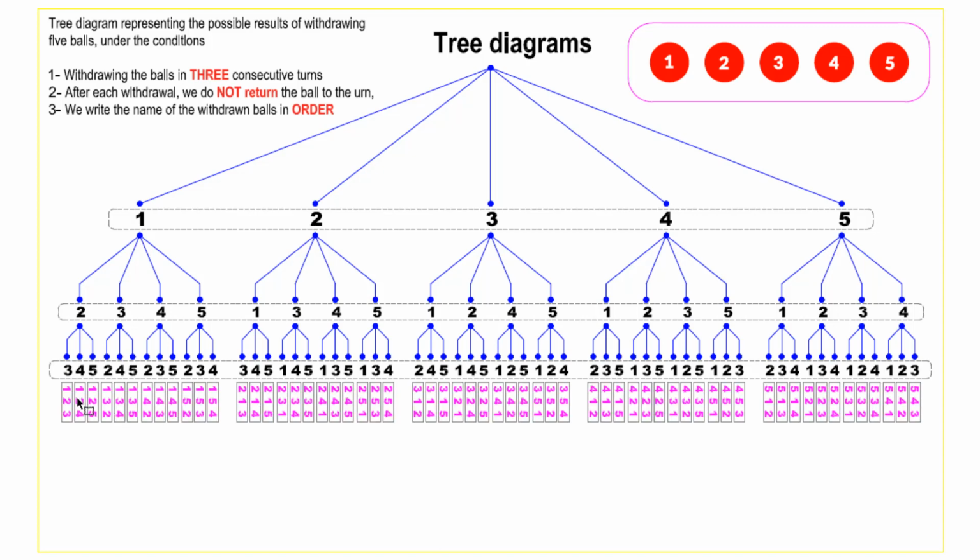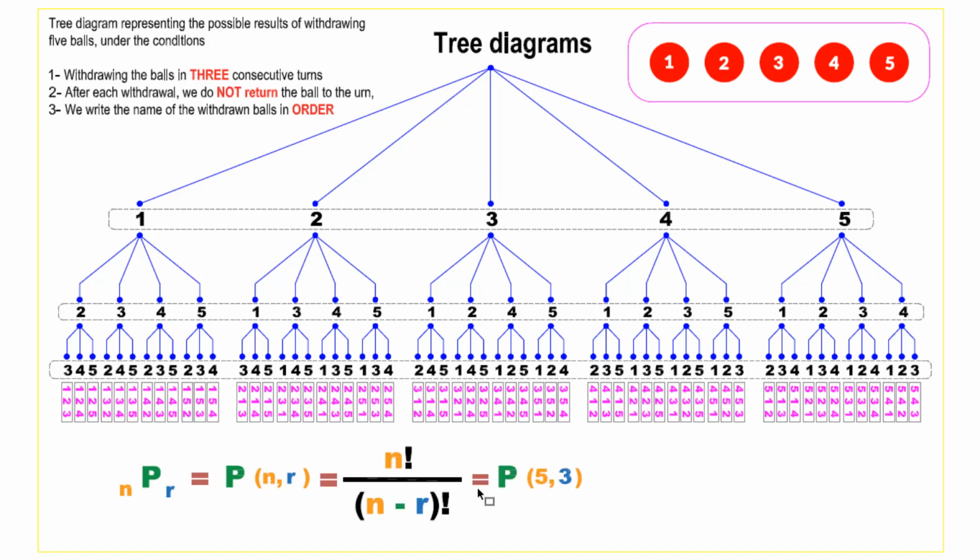And now we have all these possible outcomes. As we have seen before, this is permutation for n objects taken r at a time, which is P(5,3), and it is equal to 5 times 4 times 3, and this is equal to 60, which is the number of possibilities of permutation without replacement.